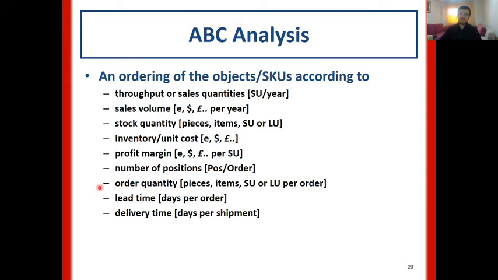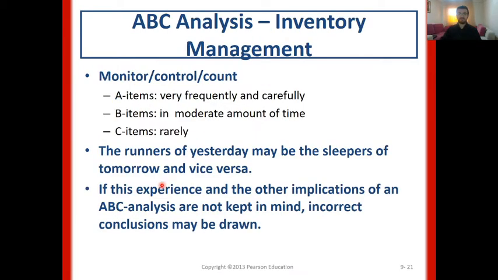Then we can even use lead time as a criterion to classify items, or delivery time, order quantity. So according to your strategies, according to your performance measures, you can choose one of those or even a different criterion and try to classify your SKUs.